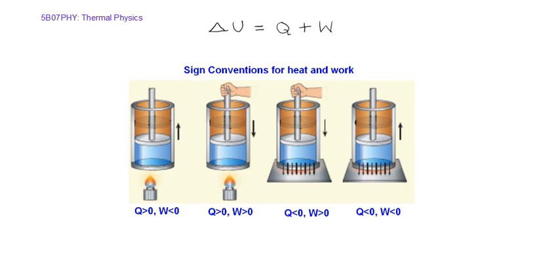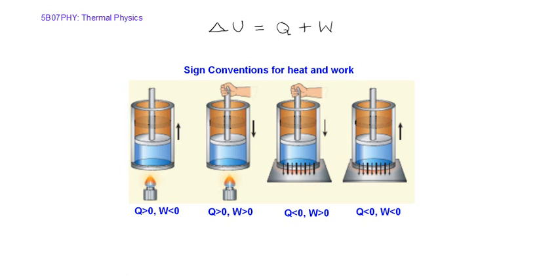Heat may flow into the system or out of the system. Work may be done on the system or by the system. Accordingly there will be either an increase or a decrease in the internal energy. Now you know that there can be four different possible combinations of the two variables on the right side.